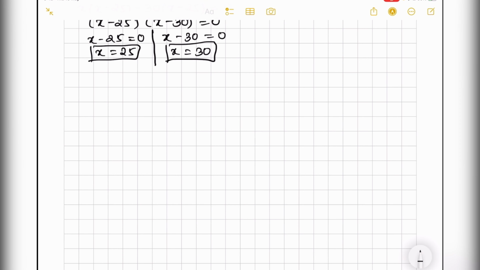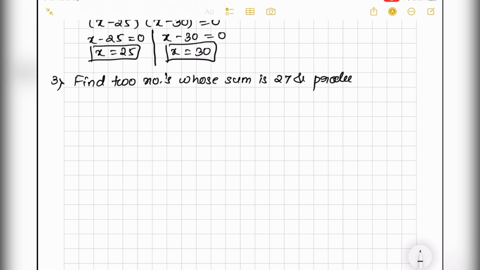Now question 3 says, find two numbers whose sum is 27 and product is 182. So can I say, let one number be x, the other number will be 27 - x, as the sum of them is that.